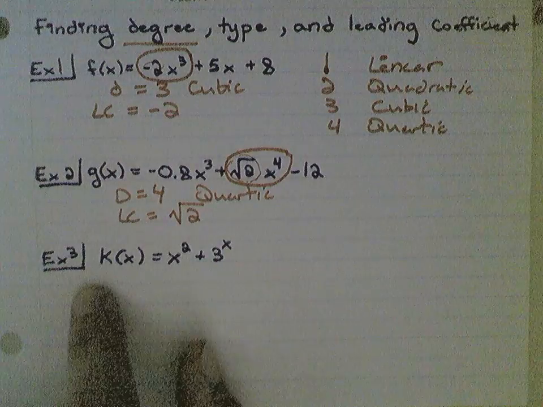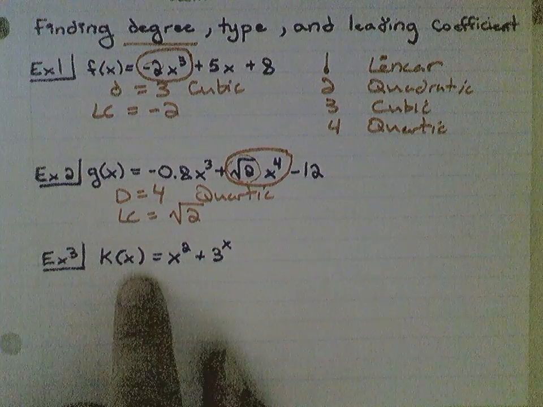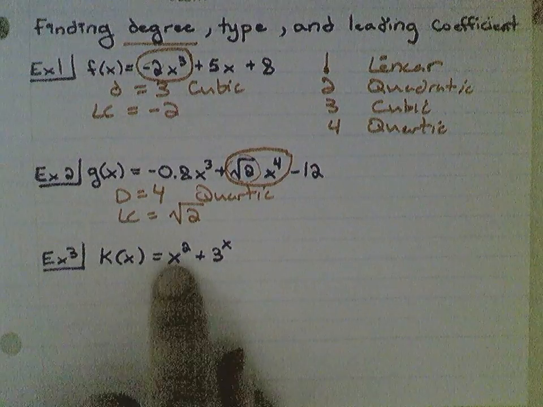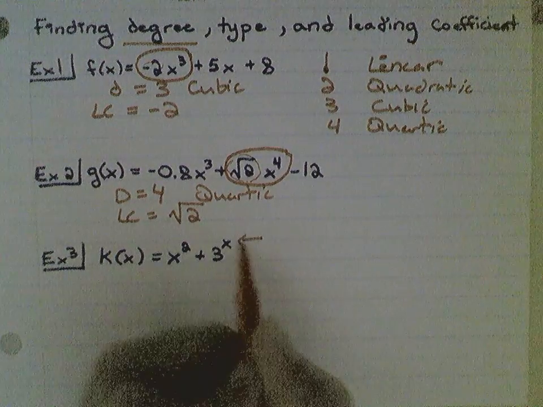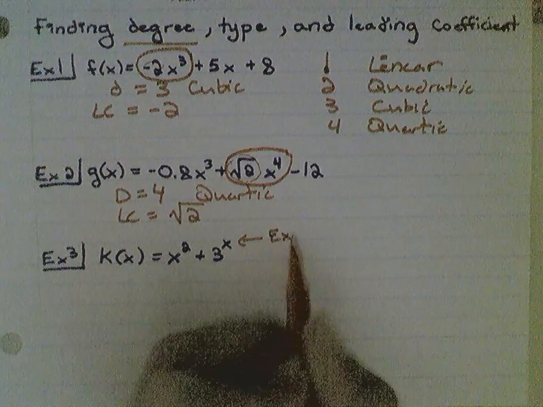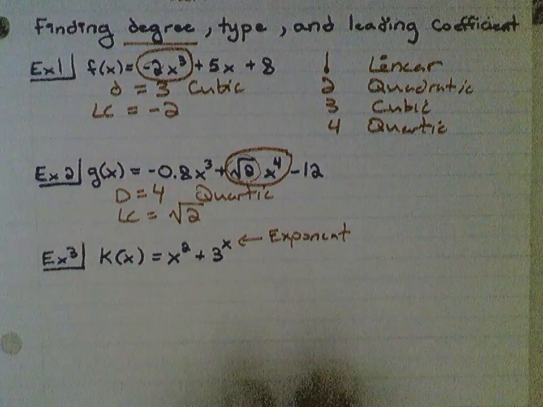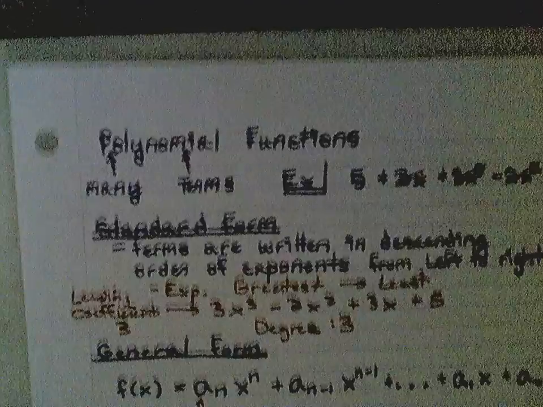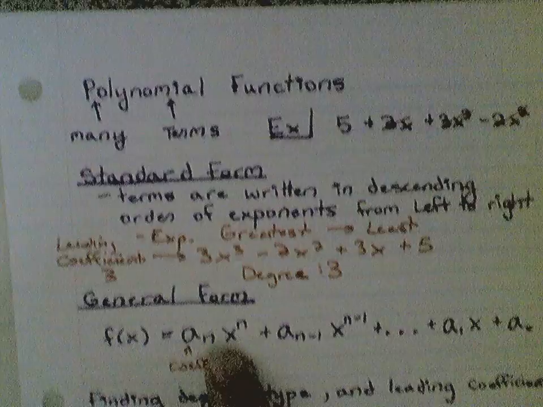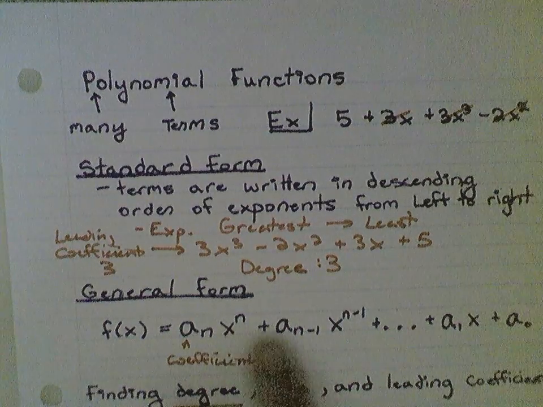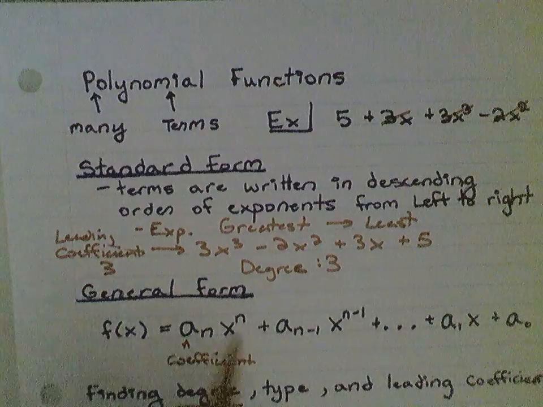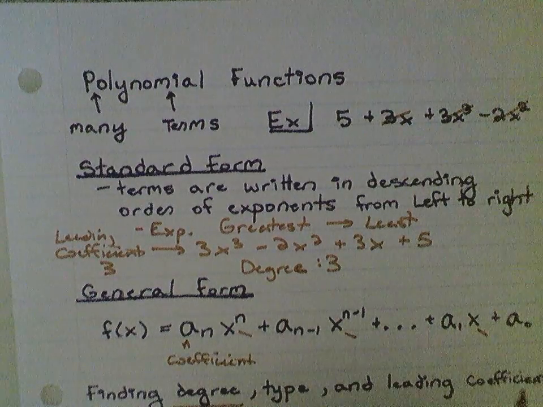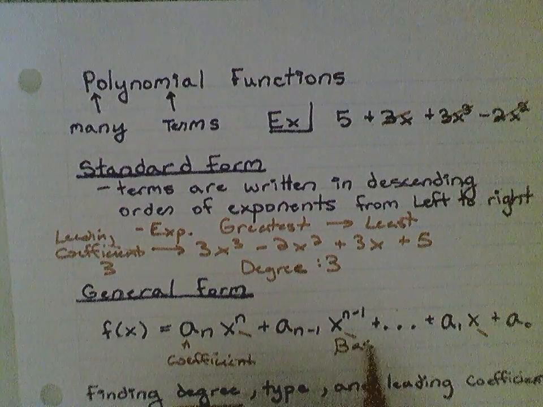Alright, and then just lastly real quick, I want to look at the third example. In the third example, I have k of x as my function equals x squared plus 3 to the x. The thing to notice here is that this x is acting as an exponent. And this is where our notation from above becomes important. If you look at this notation at the bottom, you'll notice that all our exponents have an n, and every single x we see here is always going to be a base.